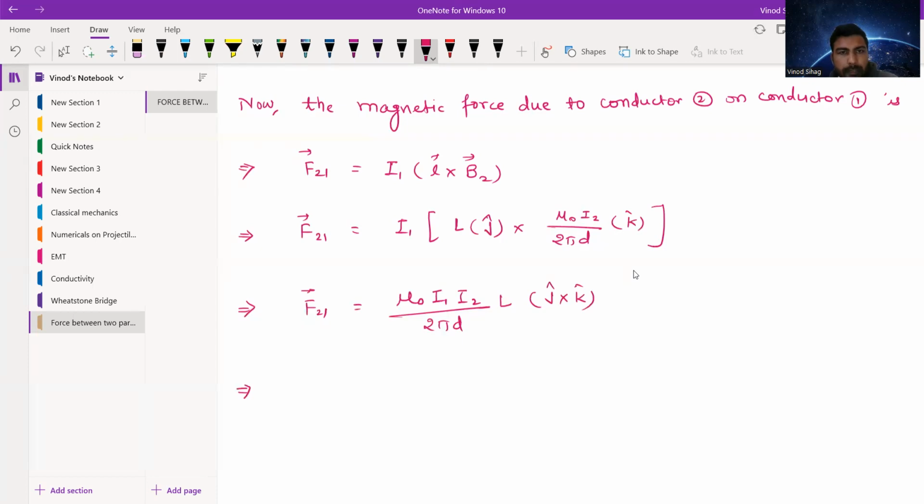So the force will be F21 vector equals mu naught I1 I2 L upon 2 pi d, and what is j cap cross k cap? It is positive i cap. Okay. So this will be the force due to second conductor on first conductor.